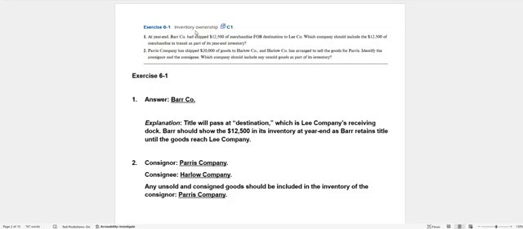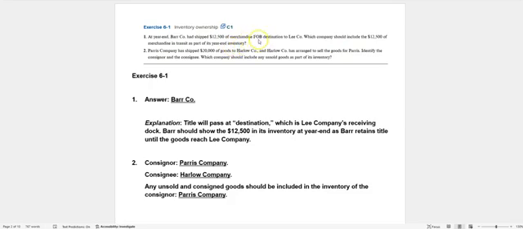So for example, if at the end of the year, Bar Company had shipped $12,500 of merchandise inventory, FOB destination, to Lee Company, they're asking which company should include that inventory as part of its year-end inventory. And it comes down to who owns it.